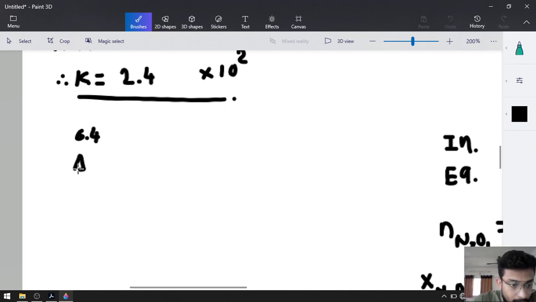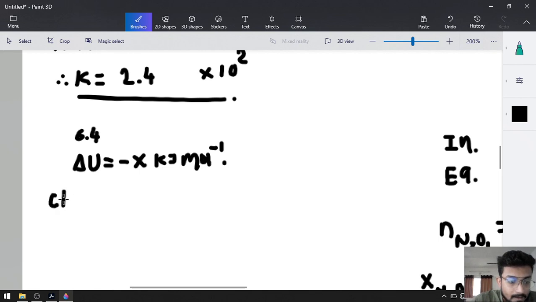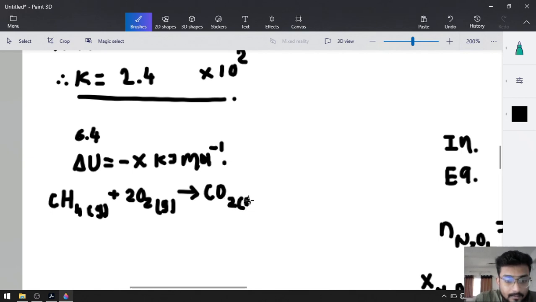Delta U for the combustion of methane has been given as minus X kilojoule mole inverse. Okay, combustion of methane: CH4 gas will be burned in 2 moles of O2, which is also gas, and gives 1 carbon dioxide and 2 H2O, which is liquid.